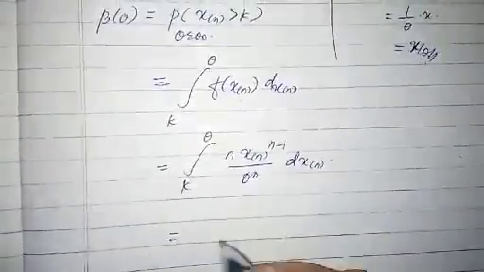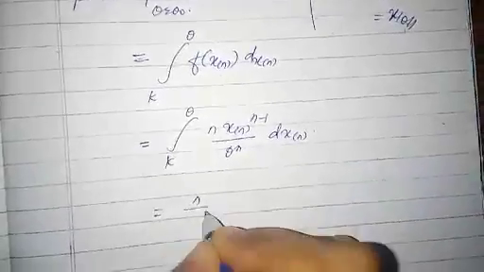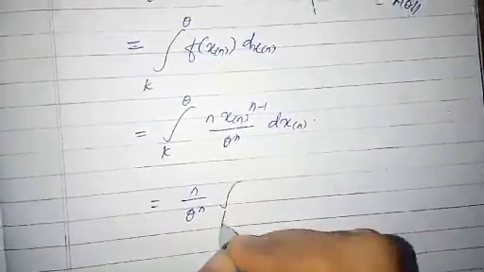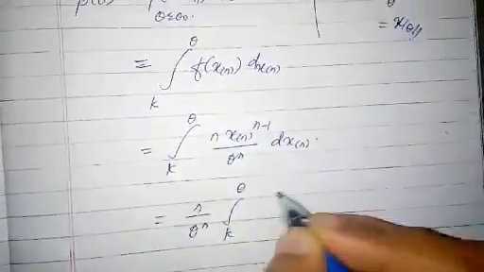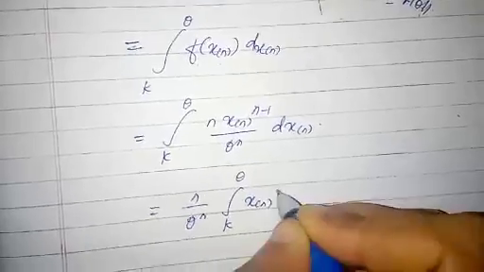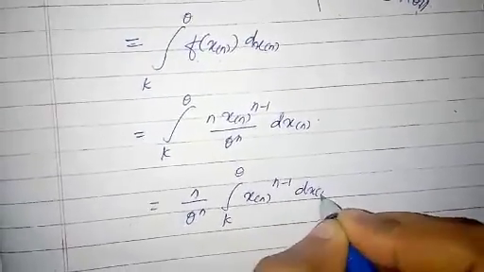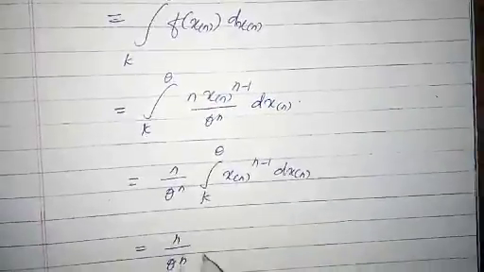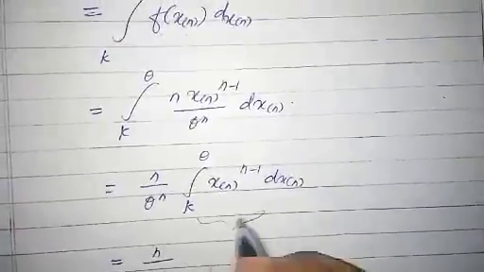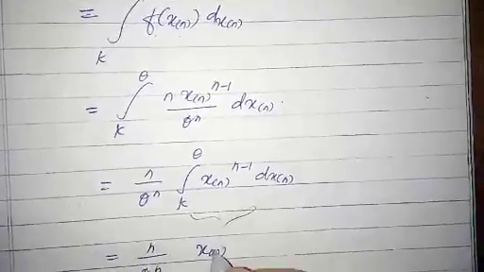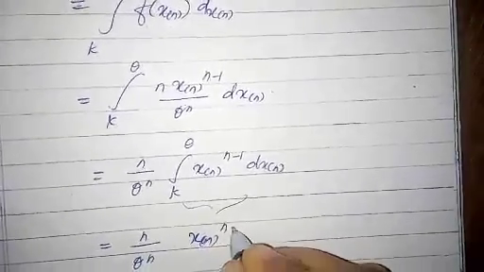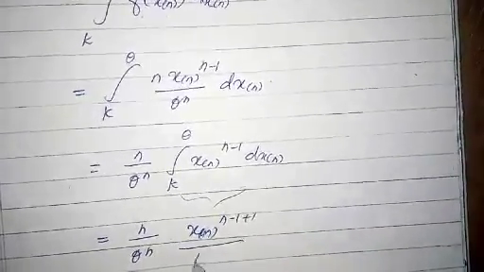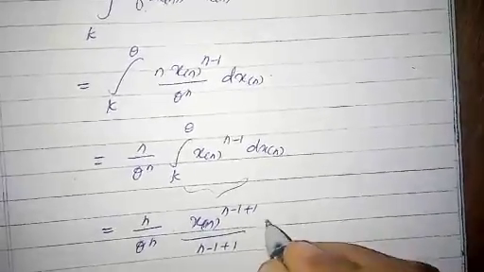which is equal to n by theta power n integral over k to theta xn power n minus 1 dxn, which is equal to n by theta power n. Then what is the integral value for this? It is equal to xn power n minus 1 plus 1 divided by n minus 1 plus 1, right?